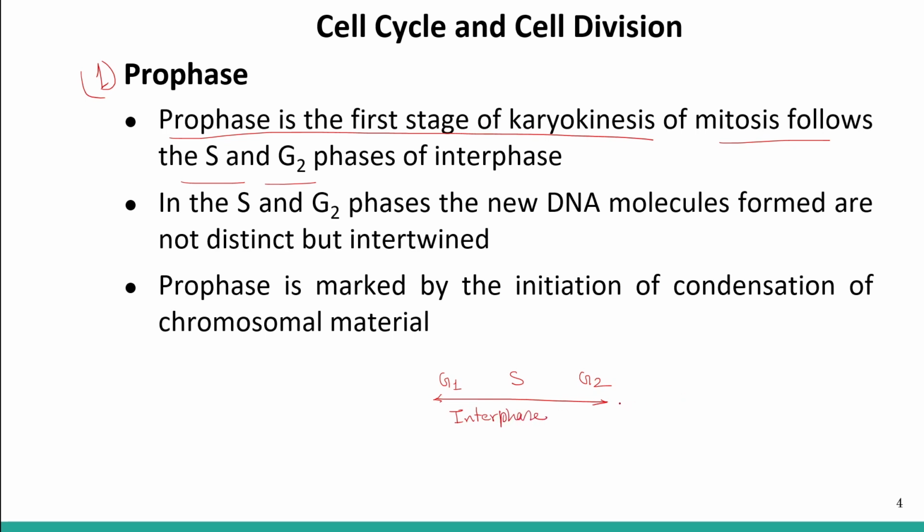As the cell gets to the M phase, the first step here is the prophase. So this prophase is preceded by the S phase, then the G2 phase, and then comes the prophase.